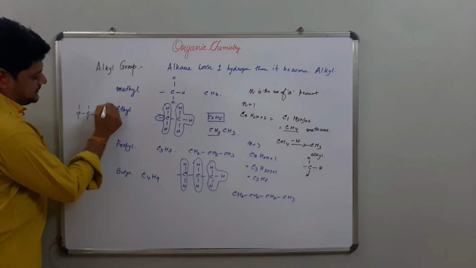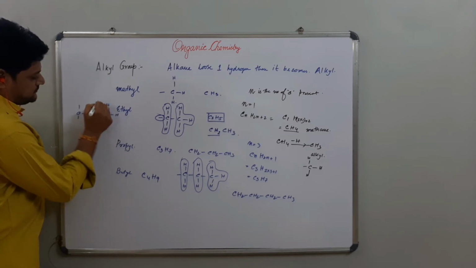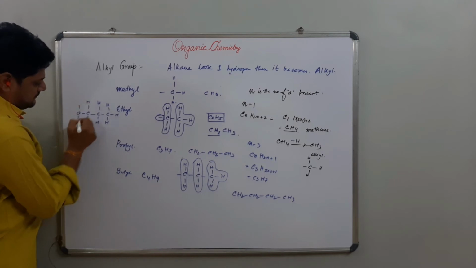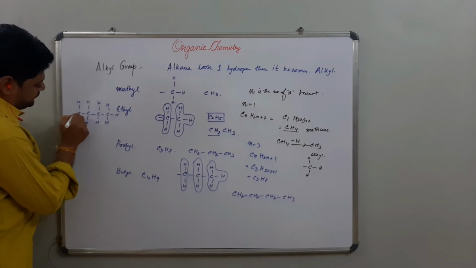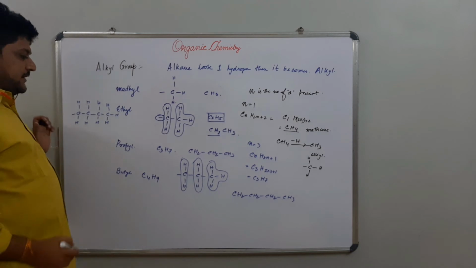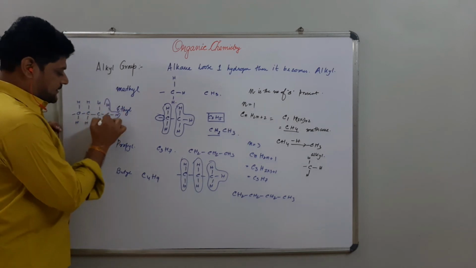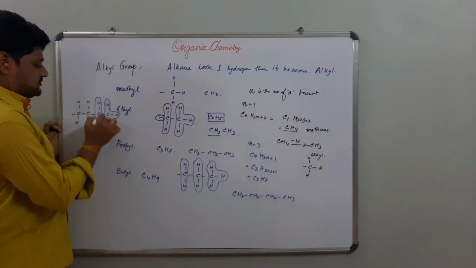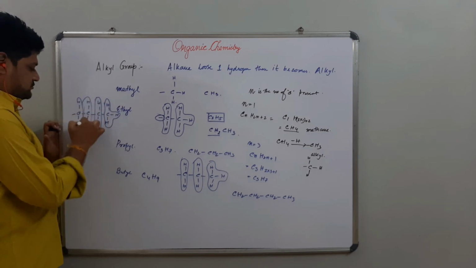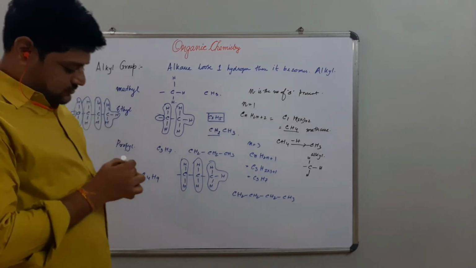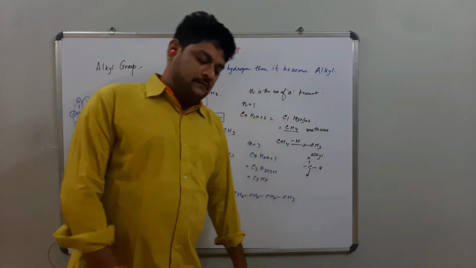And obviously we put one vacant bond so that some other group can be associated with it. So this is CH3, CH2, CH2, CH2 and the bond. These are the basic alkyl groups.